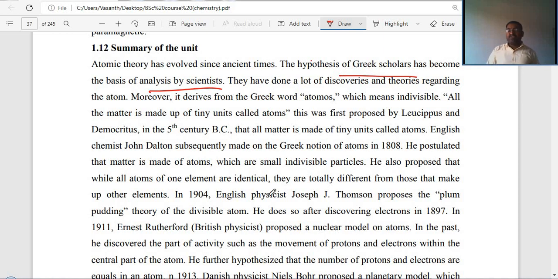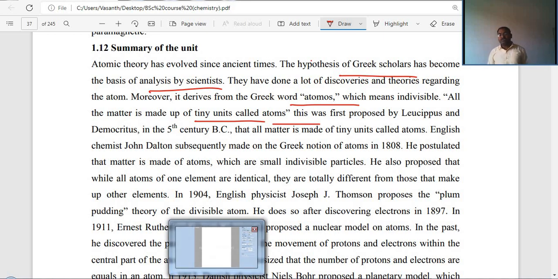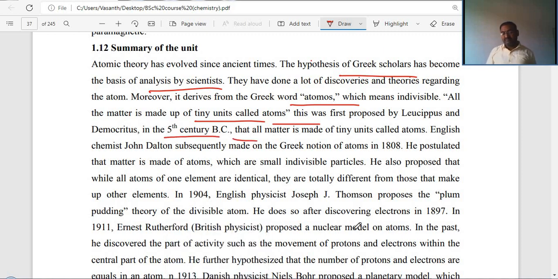The word derives from the Greek word atomos, which means indivisible. All matter is made up of tiny units called atoms. This was first proposed by Leucippus and Democritus in the 5th century.